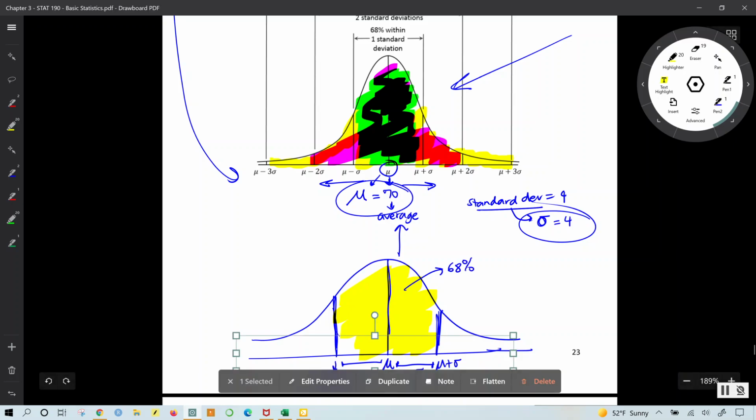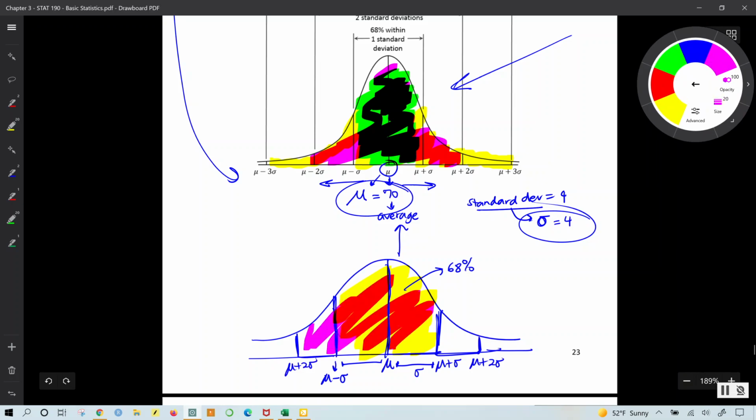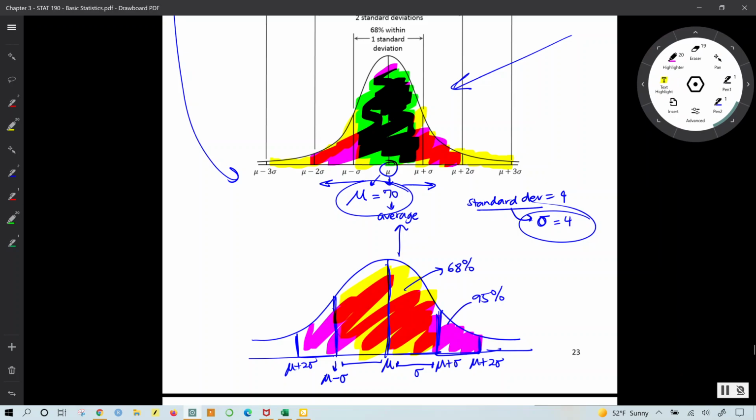However, again, using the mean as the reference point, if I take 2 standard deviations forward and I take 2 standard deviations backward, then what we have is something of this sort, and the proportion in that range, according to the empirical rule, is 95%.